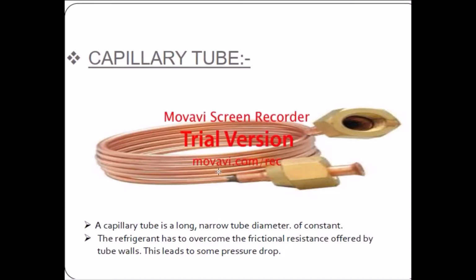You can see this one needs to be increased by the joining, so it makes the diameter reduced. The refrigerant has to overcome the frictional resistance offered by the tube walls. This leads to some pressure drop, so we can drop the pressure.